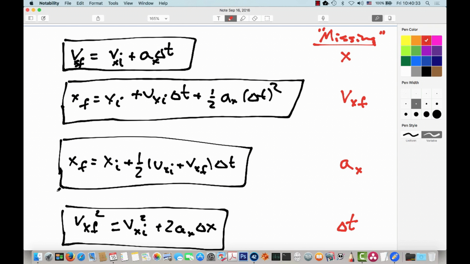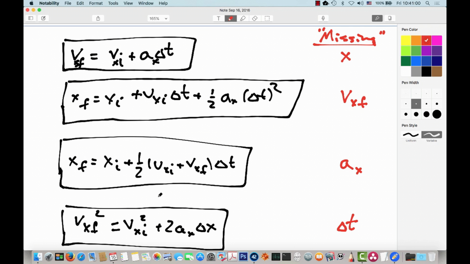You can eventually get to a situation where absolutely everything cancels. You're left with 0 equals 0 and you don't have a solution. But the trick here is if you pay attention to what's missing, you can use that to directly figure out which of the 4 kinematics relations you want to use for your problem.